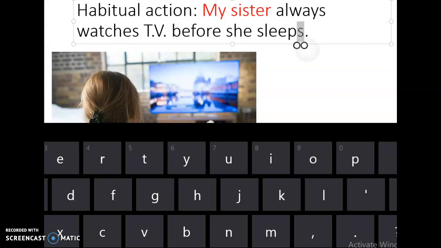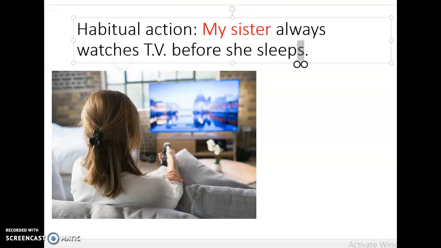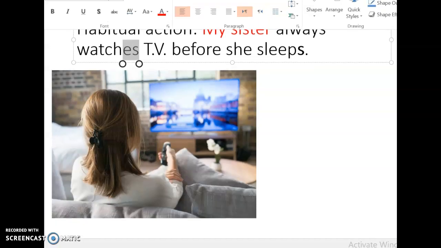We have here sleeps, we have an S, okay? But because watch ends with CH, we add ES, okay? So this is the rule. We have to remember it.